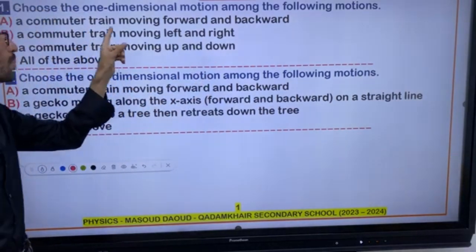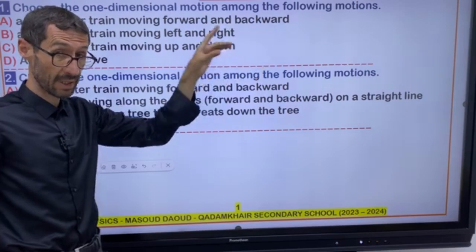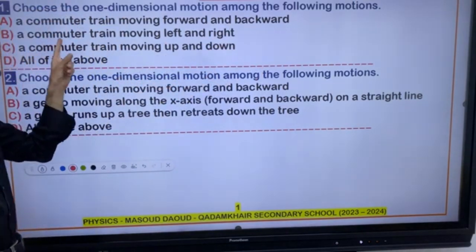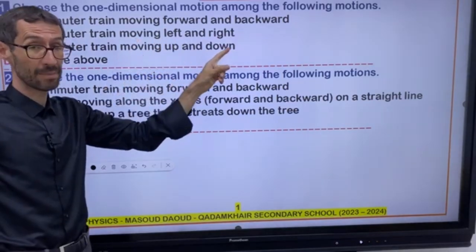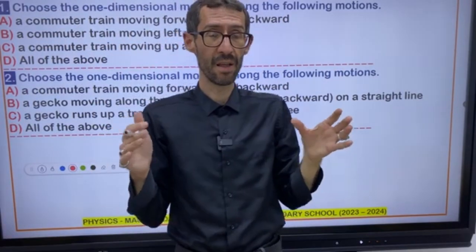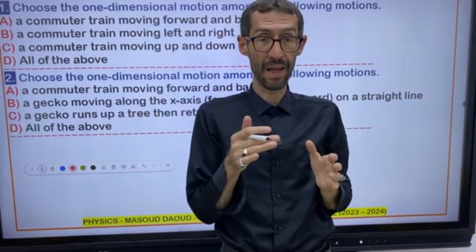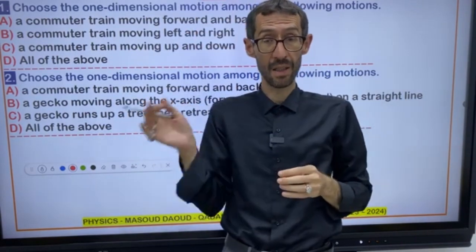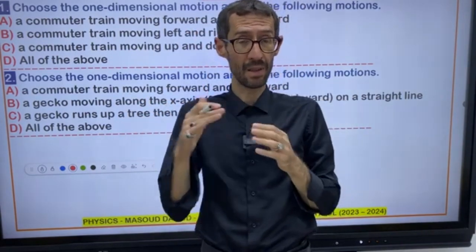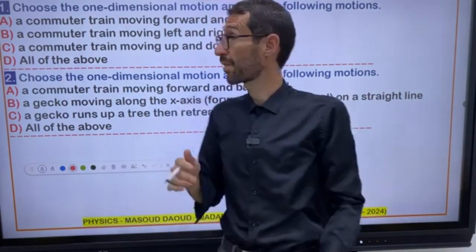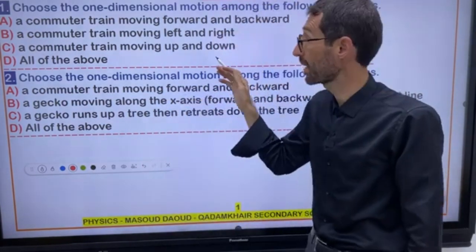A, a commuter train moving forward and backward. Is it right? Yes. B, a commuter train moving left and right. I told you the train only follows the back and forth path, the forward and backward path. It doesn't deflect to the right, it doesn't move to the left, right? So this one is not accepted.